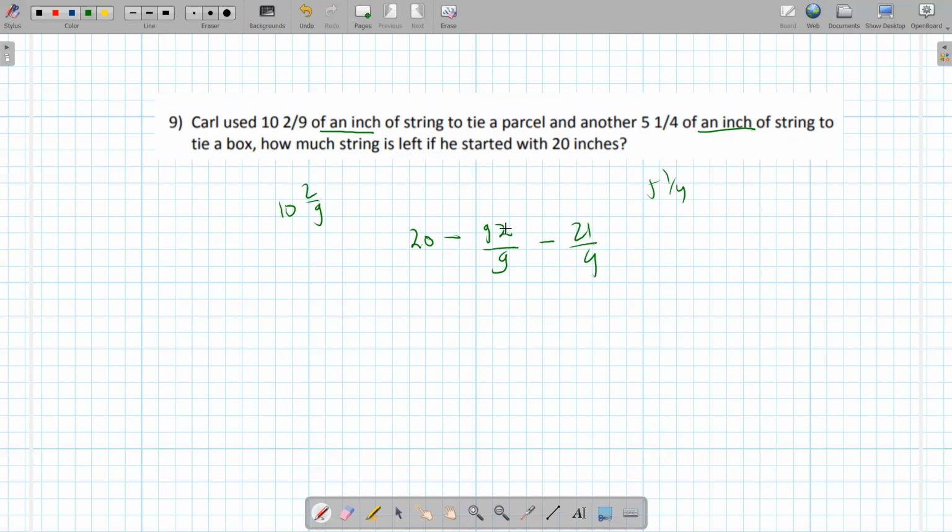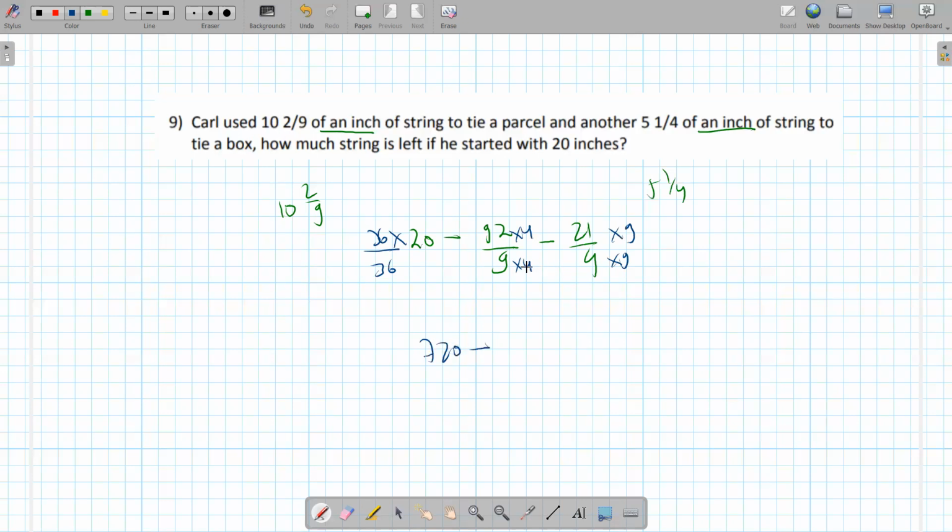You may not see this big of a number though. 92/9. You're not allowed to use a calculator, right? No, we're not. That means this question is not going to come up, because we're going to need a calculator here, probably. Because the common denominator between 9 and 4 is 36, right? So we will have to multiply this by 36, this by 4, and this by 9.